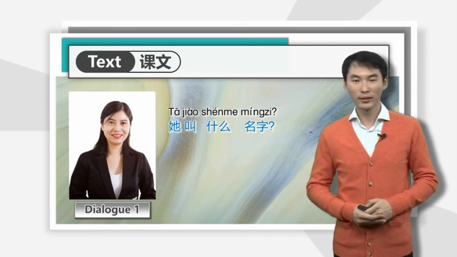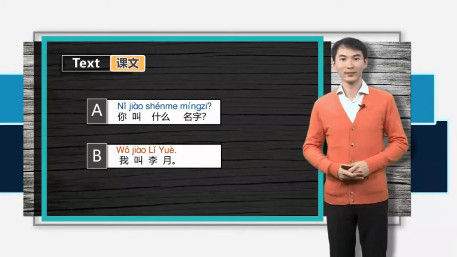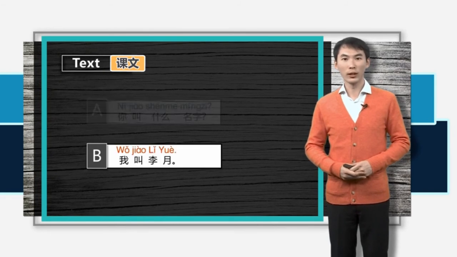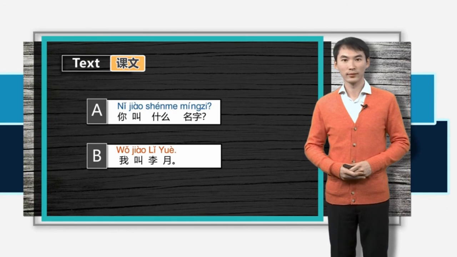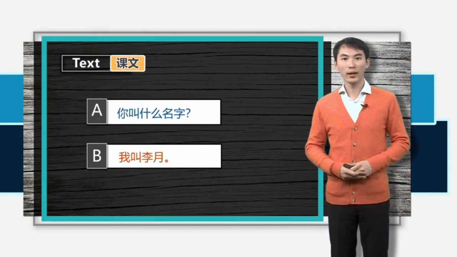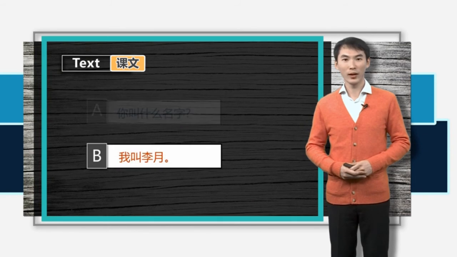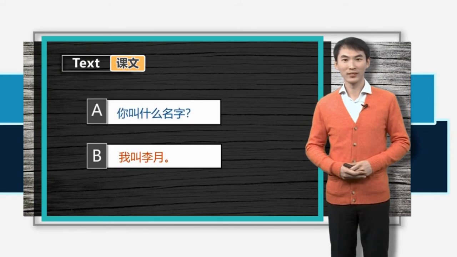Okay, understand? 他叫什么名字? 他叫李月. Very good. 跟我读. 你叫什么名字? 我叫李月. Okay, let's try again without 拼音. 你叫什么名字? 我叫李月. Very good.